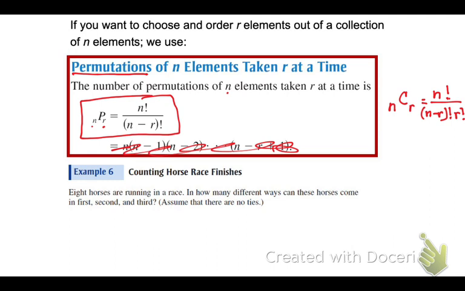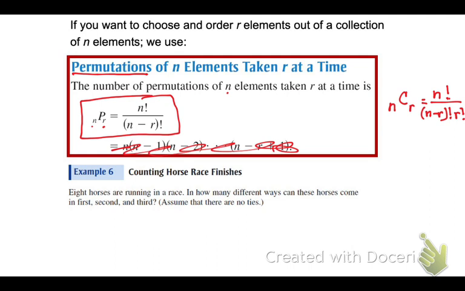So if my denominator's bigger, I'm dividing by a bigger number, I'm going to end with a smaller number. So which one's going to have a bigger answer? Permutation. Remember I said how many groups of 3 can I make in here? That's going to be a lot less than how many groups of a president, vice president, and secretary, because it makes one group into 3 groups.